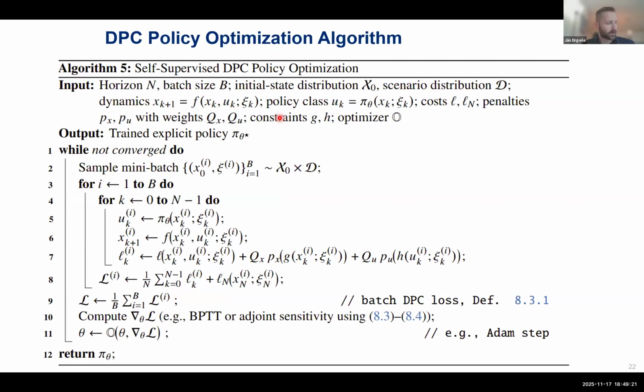So the overall training algorithm can be summarized in this setting where you define your prediction horizon, what is your batch size, because we are typically training with mini batching. What are the distributions of your initial conditions and additional parametric scenarios?